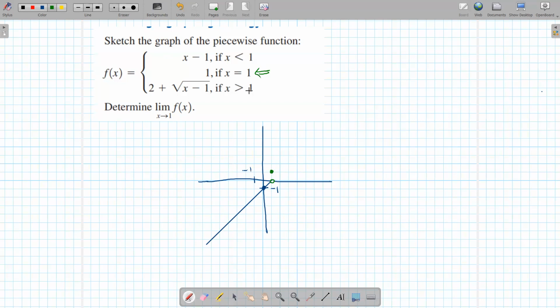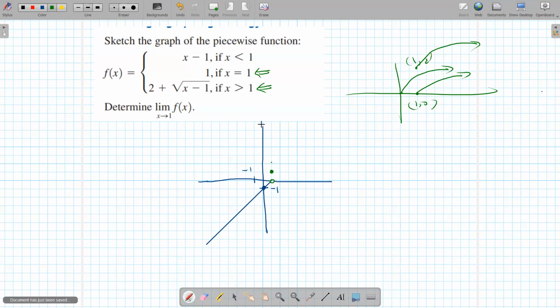And then finally, when x is greater than 1, our function looks like this. So that function goes to the right by 1 unit. So right now we're at 1, 0, and then goes up by 2 units. So we end up at 1, 2. That's going to be our boundary value, our starting point. So 1 and 2 right there. Is this one exclusive or inclusive? The third one.